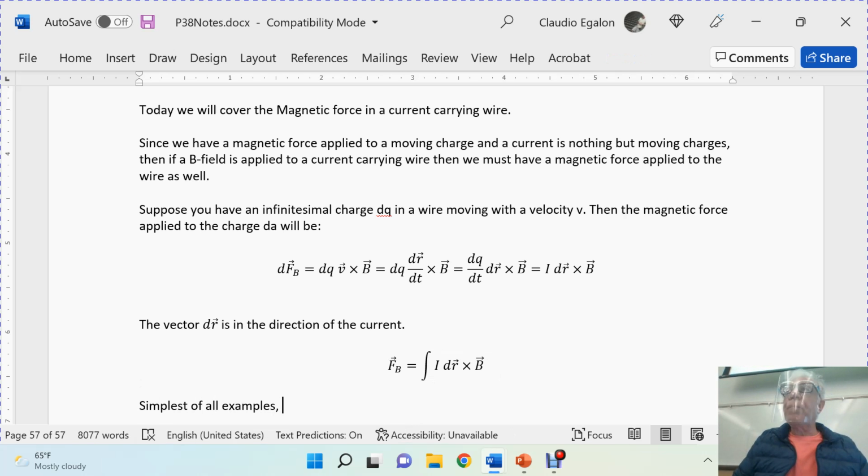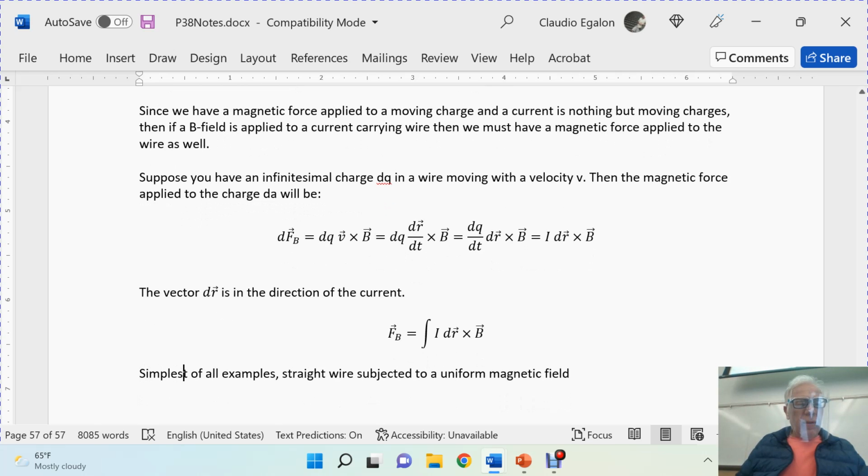Example: a straight wire of length L, with uniform current, subjected to a uniform magnetic field.